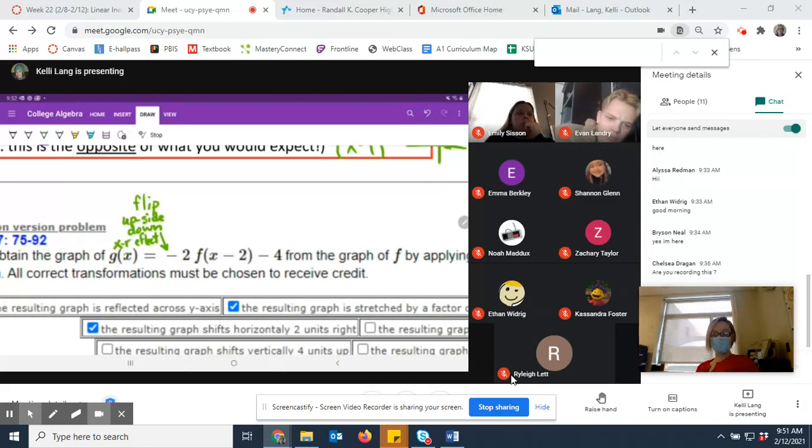So a negative out front of your function is going to reflect it over the x-axis. The 2 is a constant that's in front of your function that's being multiplied to your function. Since it's bigger than 1, it's going to stretch our function by a factor of 2. So this is a vertical stretch times 2.